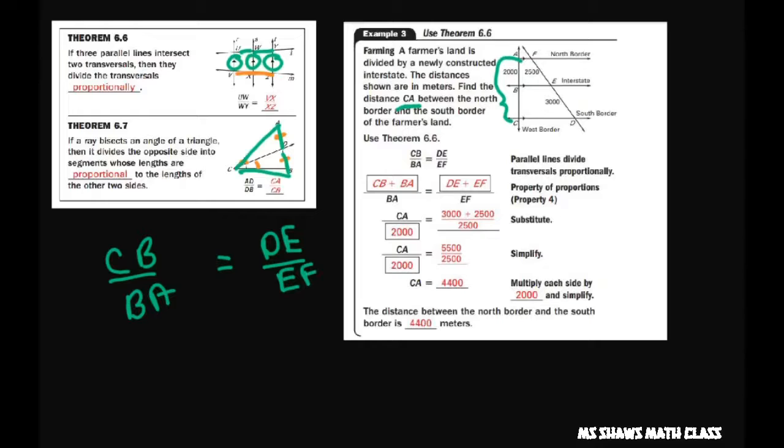Kind of making this diagonal here. So CB, and then you have your BA, and now we have our DE and EF.